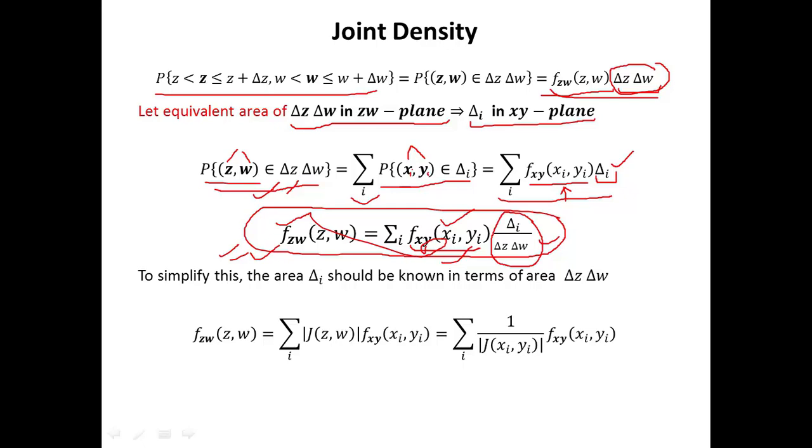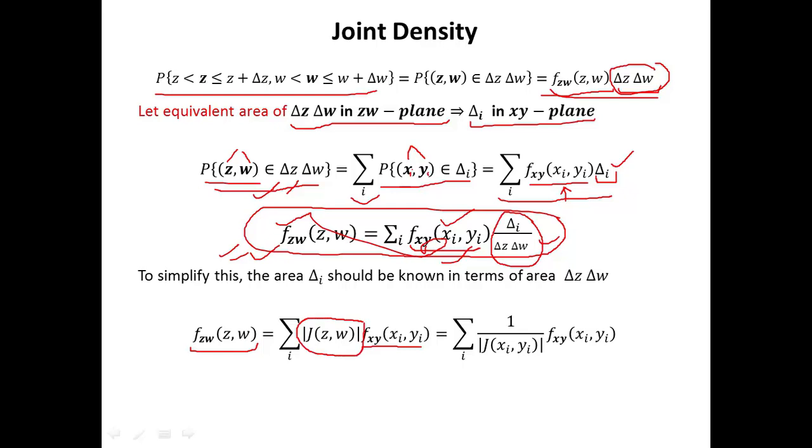For this, let us consider that the joint PDF of random variable zw will be equal to summation over I of the joint PDF of xy multiplied by the determinant of Jacobian JZW.